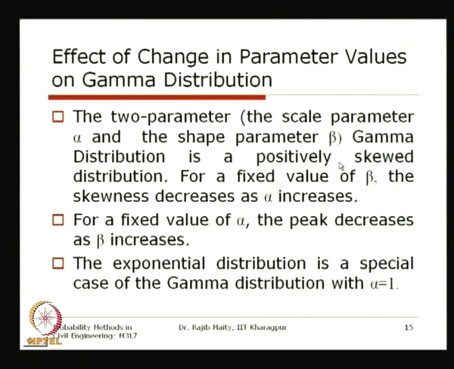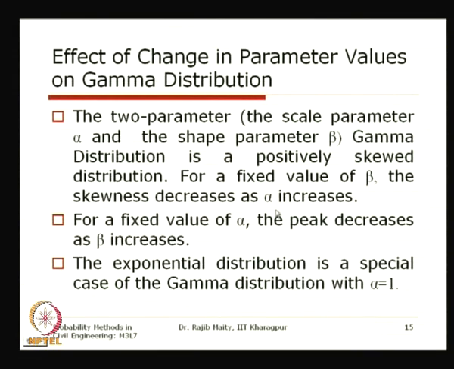So, this is always positively skewed. For a fixed value of beta, if we freeze beta and increase alpha, then the skewness decreases. And for a fixed value of alpha, the peak decreases as beta increases.